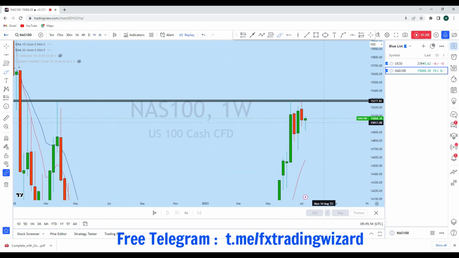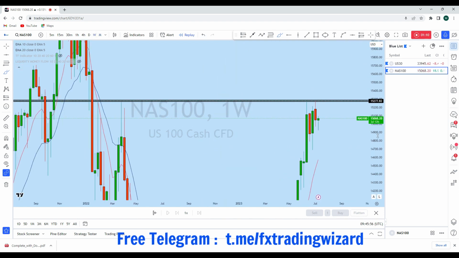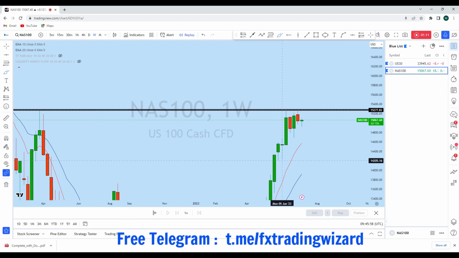Now, if we look at the weekly time frame, after this weekly doji, there has been a strong bullish engulfer, followed by another bullish candle on the weekly, which also grabbed liquidity from the support level, and followed by a rejection from the top in the previous week.